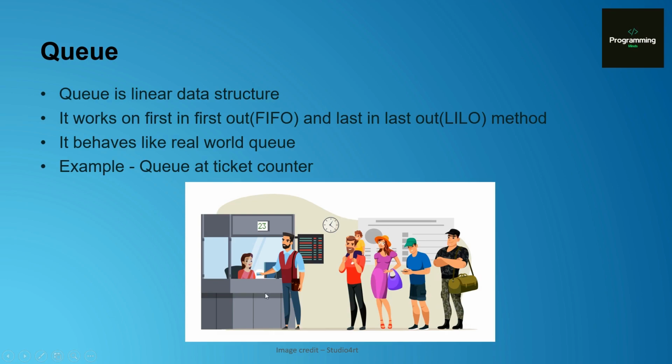So this works like a real world queue. This data structure is used when we need the data structure to work as a real world queue. So the first in first out and last in last out methods are satisfied here.